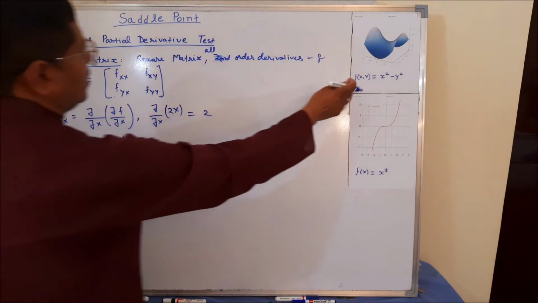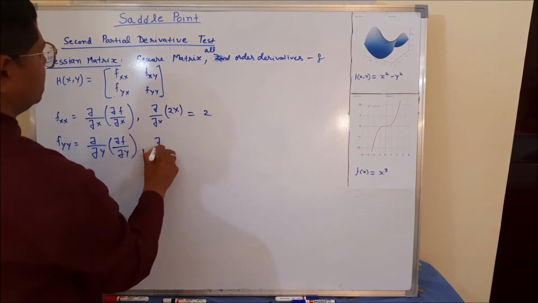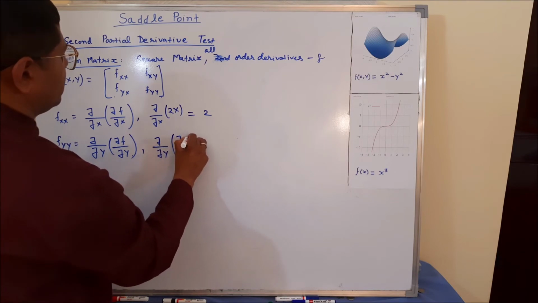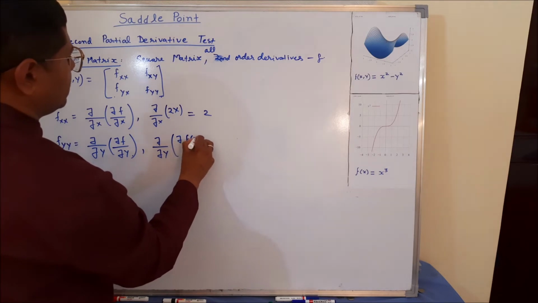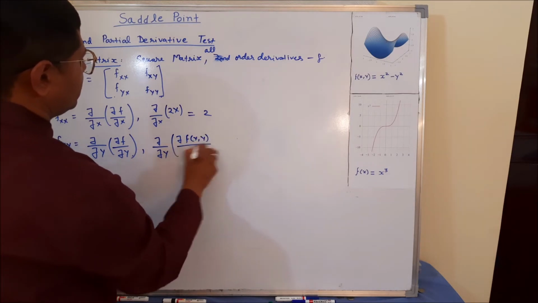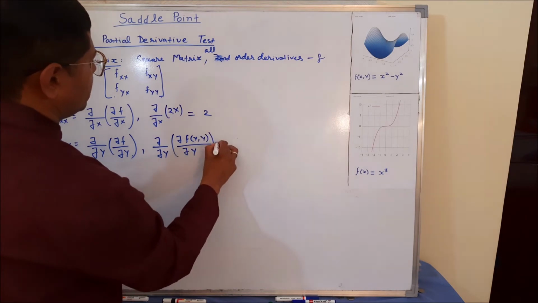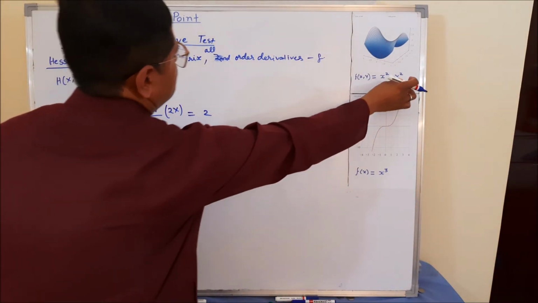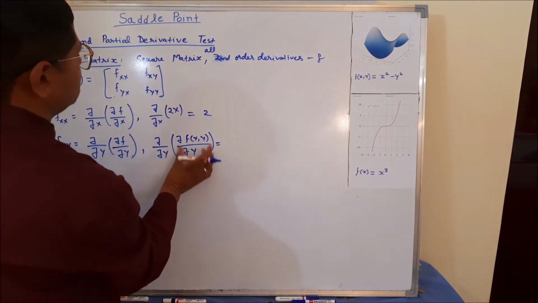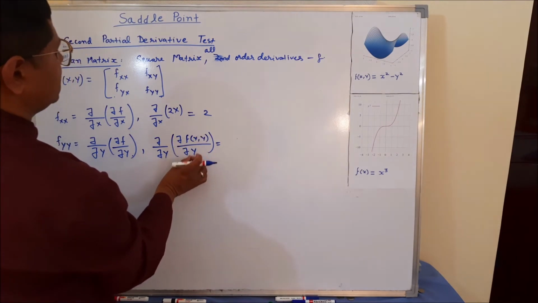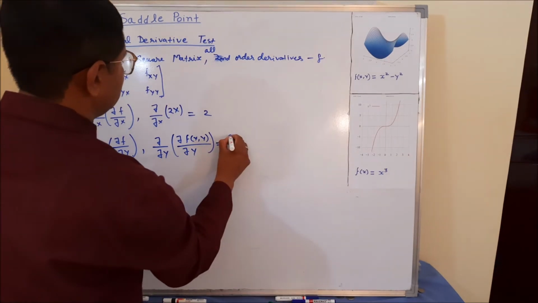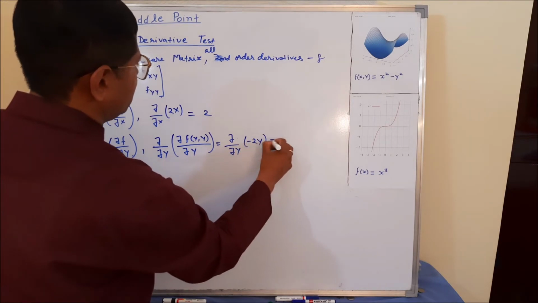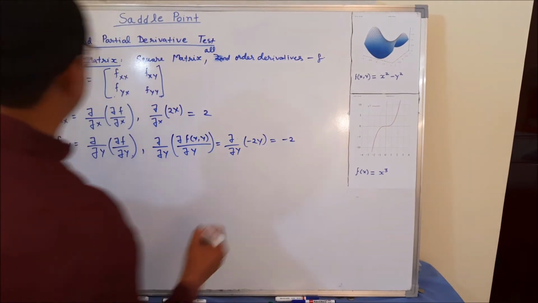When we take fyy, the x part will be constant, and we take the first derivative with respect to y inside the bracket, so it will be delta with respect to delta y of minus 2y, and the final outcome will be minus 2.